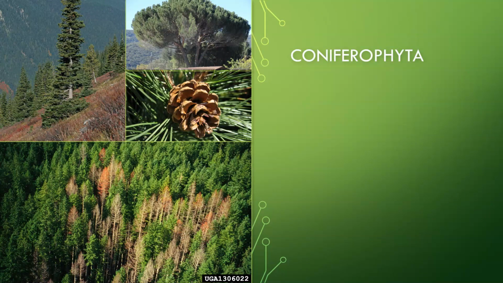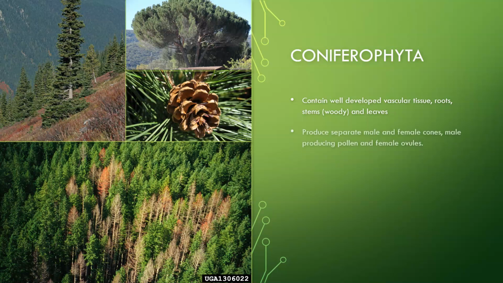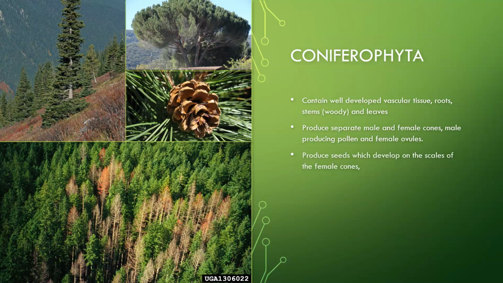Conifers, the conifers. These contain well-developed vascular tissue, roots, stems, which are woody, and leaves. They produce separate male and female cones. Males producing pollen, females producing ovules. They produce seeds which develop on the scales of the female cones.